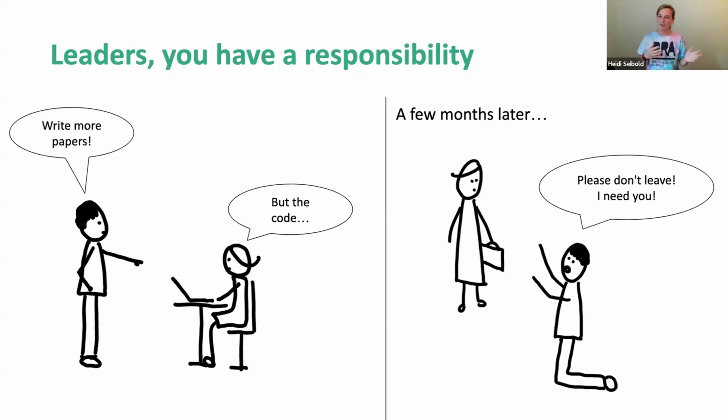If you're a PhD student or a postdoc, you might find this conversation on the left-hand side familiar: you feel like you still have to document more and improve the code so that it's trustworthy and reproducible, but maybe your supervisor or your institution tells you to focus on the papers.